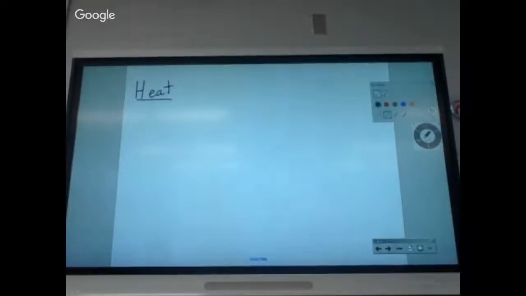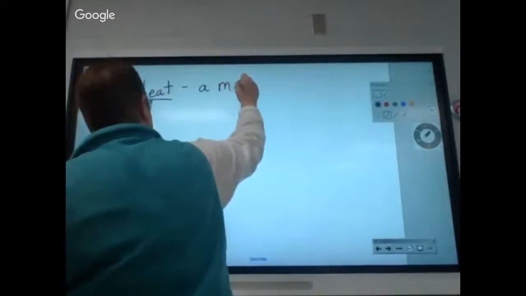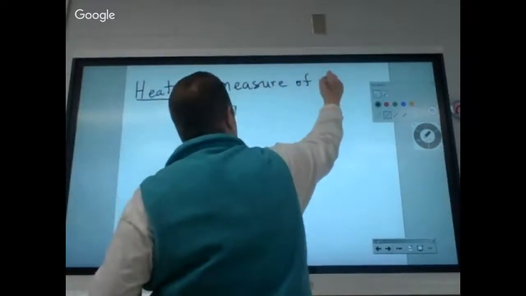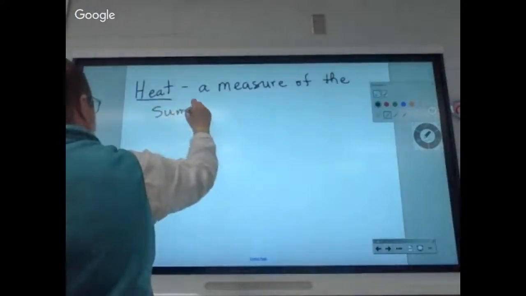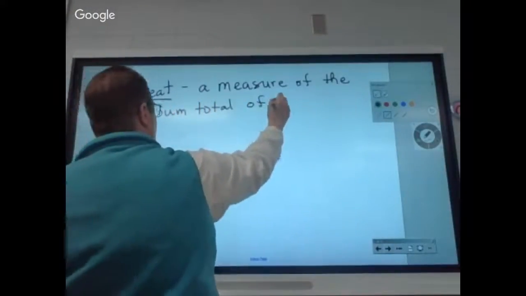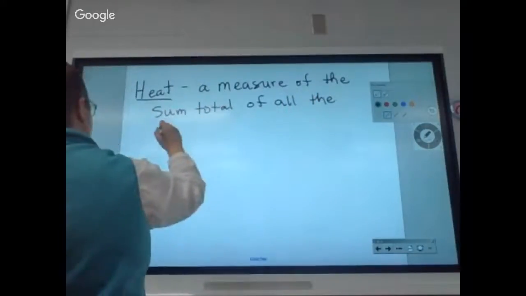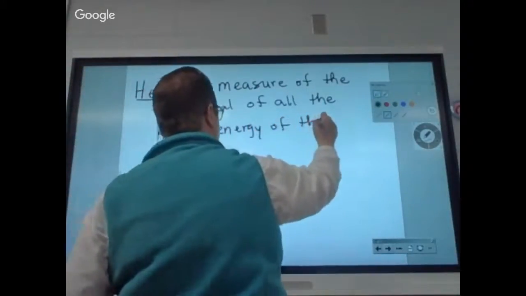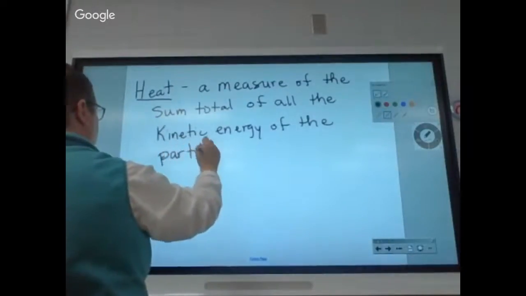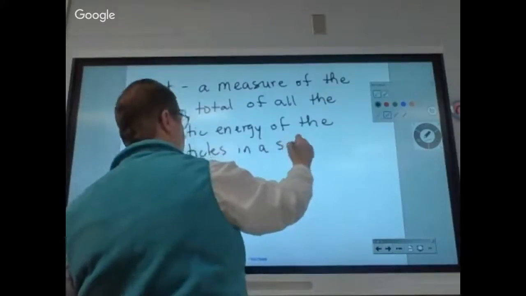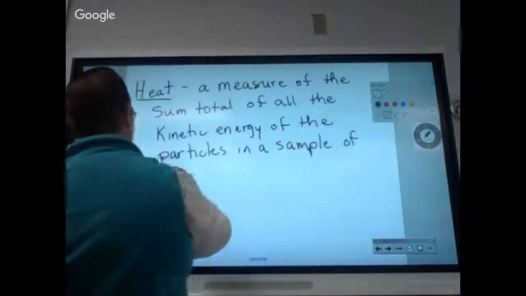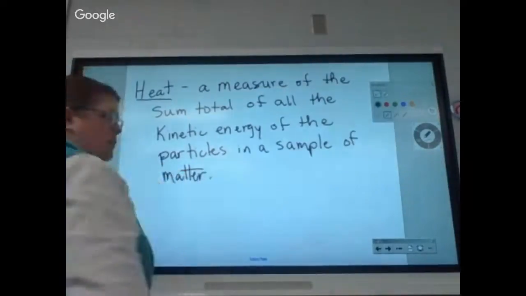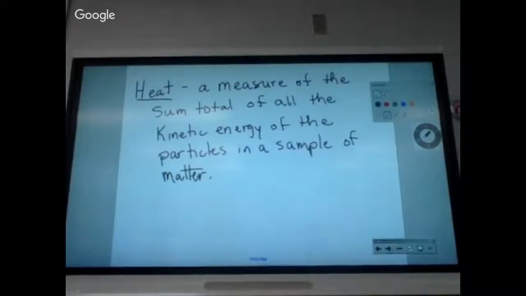Heat is a measure of the sum total of all the kinetic energy of the particles in a sample of matter.